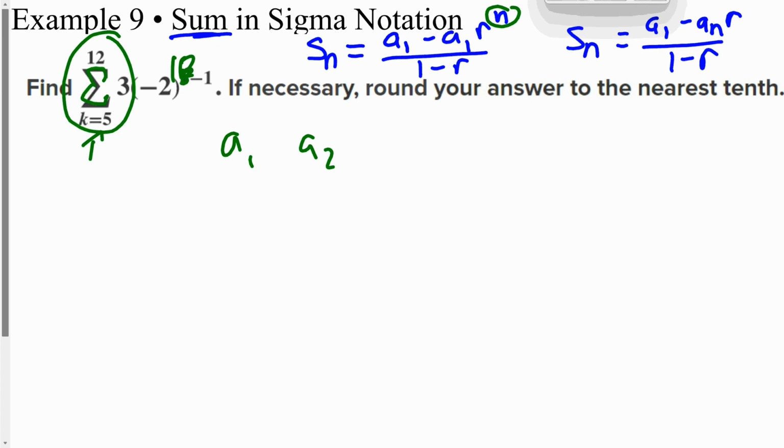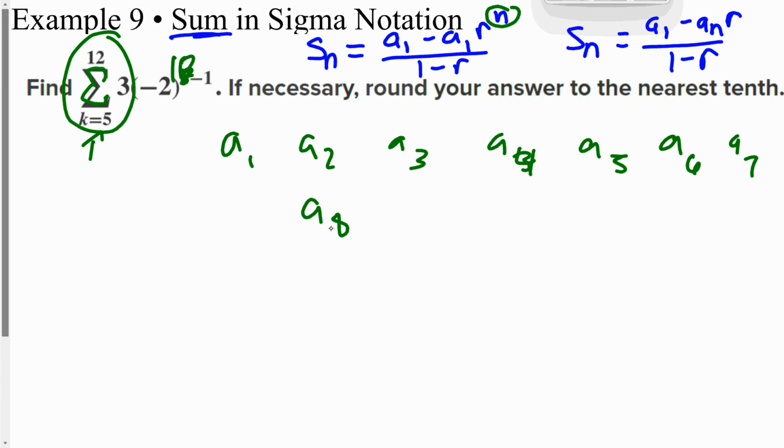So if I do that, a sub 3 would be plugging in 7, then 8, 9, 10, 11, and a sub 8 would be 12. So that means the n I'm actually after is 8.